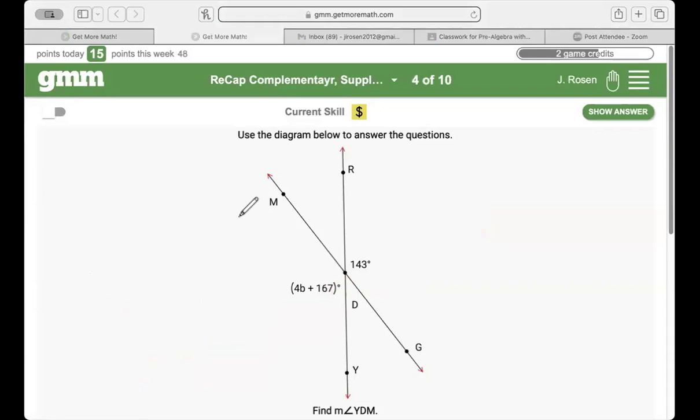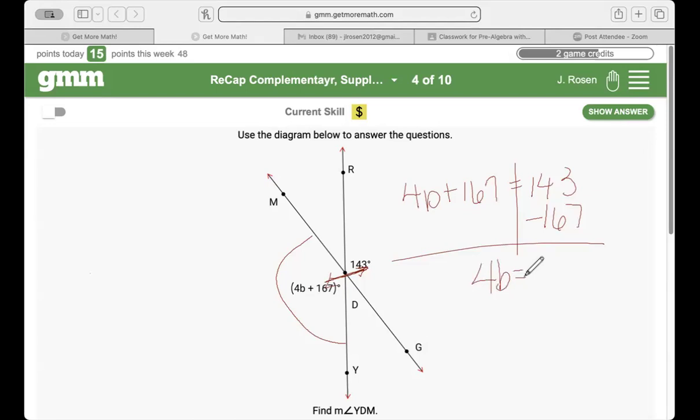Okay, this one here, it says use the diagram to answer the questions. What is the measure of YDM? So YDM, it wants to know the measure of this piece here. And again, these are vertical angles, right? So it's going to be 4B plus 167 equals 143. And then just solve that. So we're going to subtract 167.